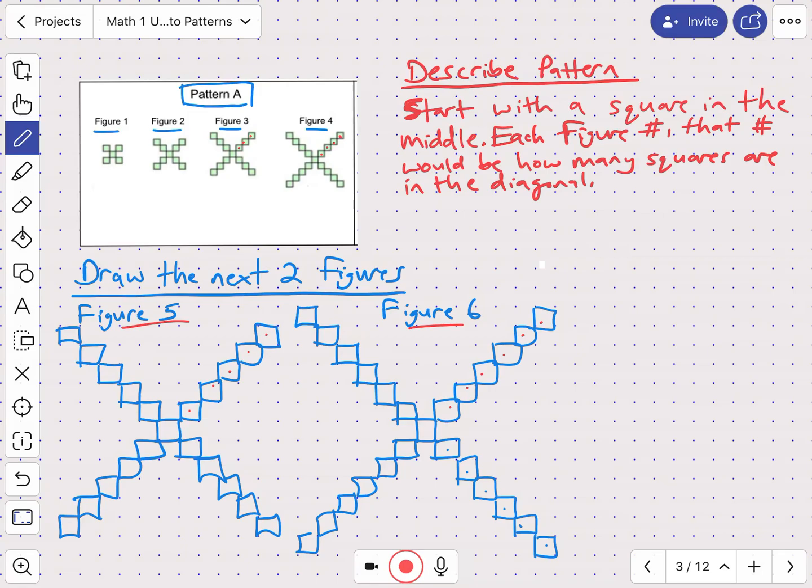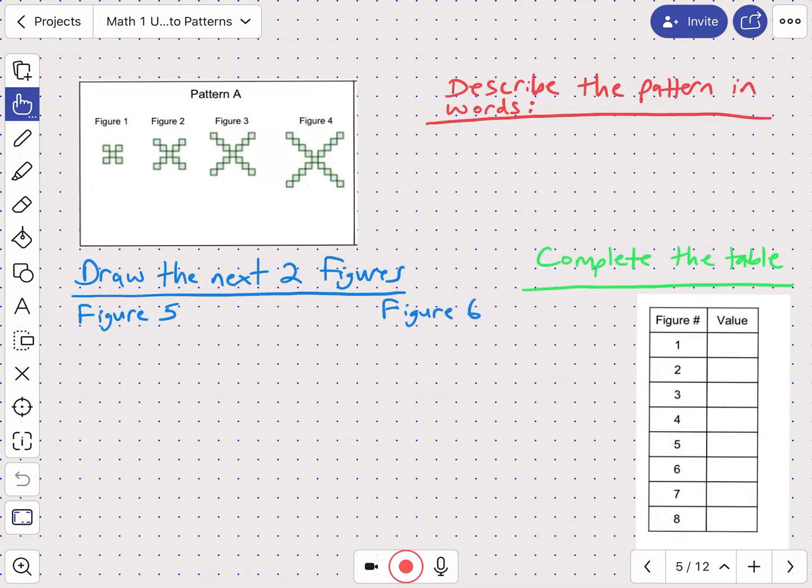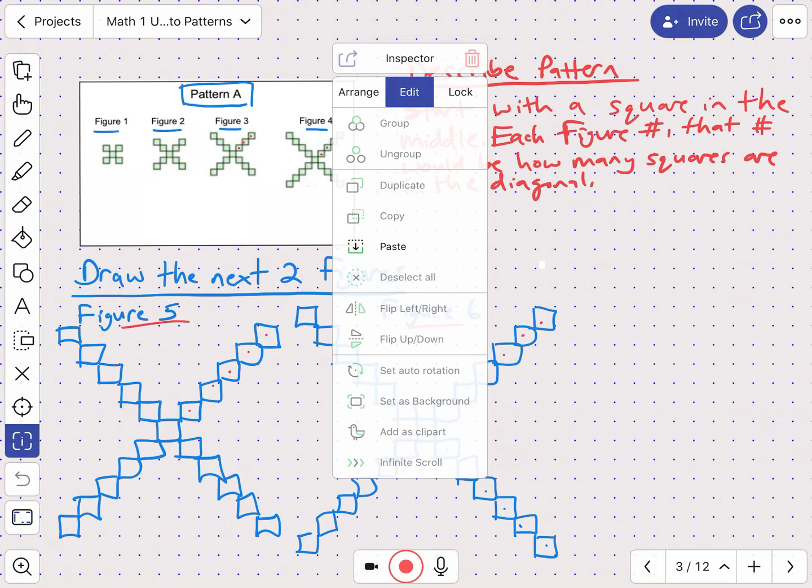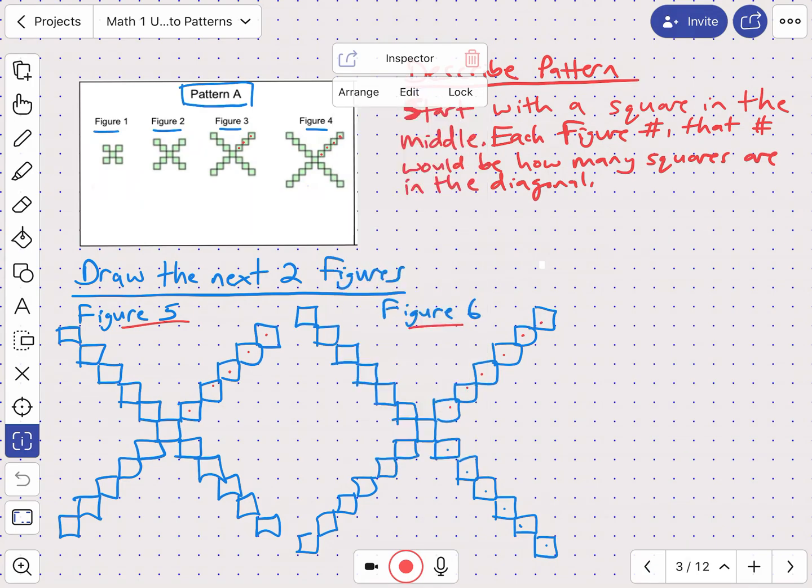Okay, so the next thing we're going to do after that is basically complete a table. I'm going to copy this, and let me paste here.